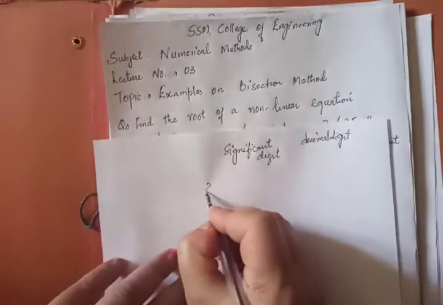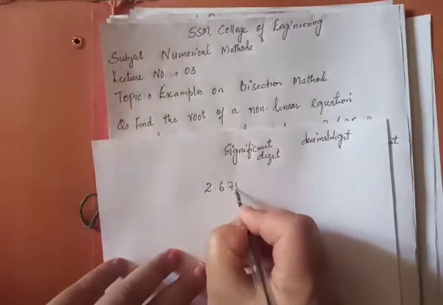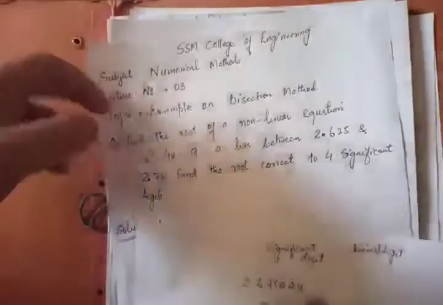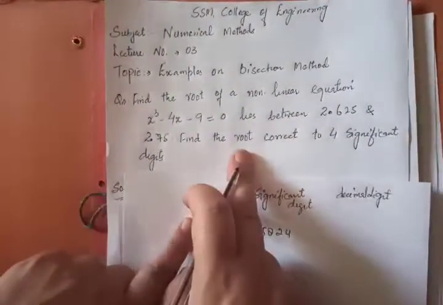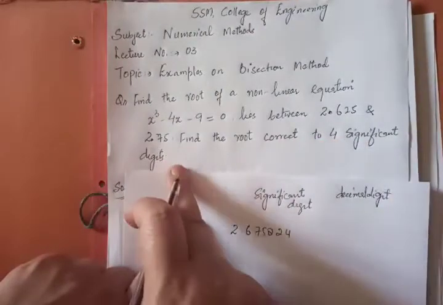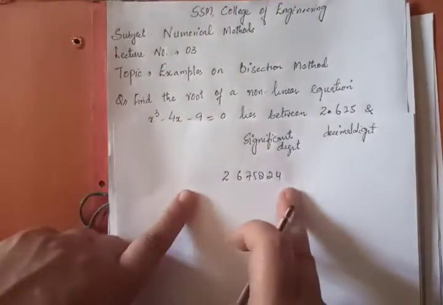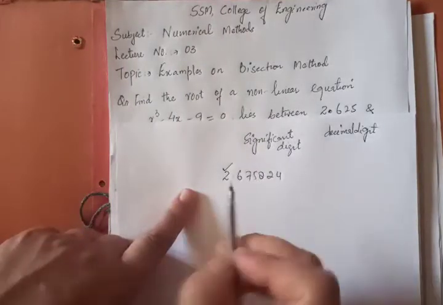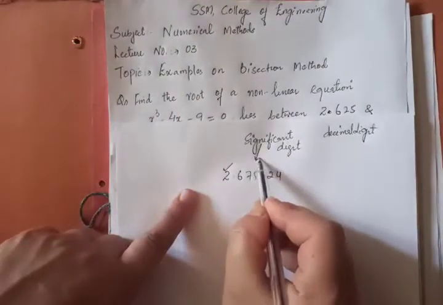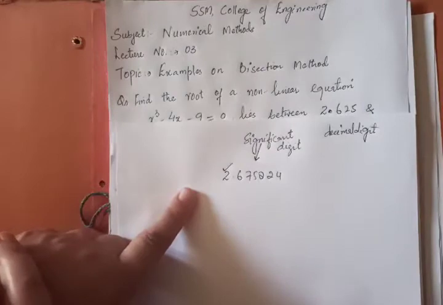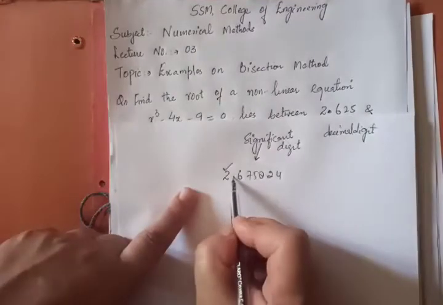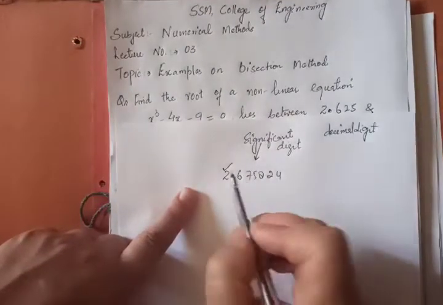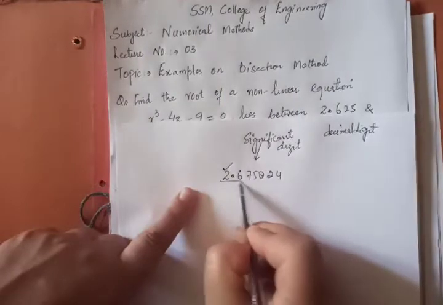For example, if I have a number 2.675824, as asked in your question, you have to find the root correct to 4 significant digits. This is your digit starting from the first number. Whenever you talk about a significant digit, you have to omit the decimal point here. So 4 significant digits means 2, 6, 7 and 5.